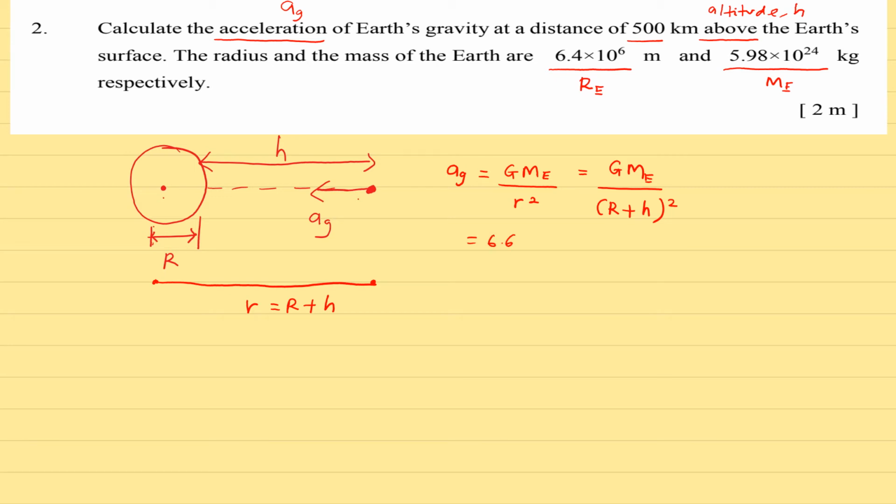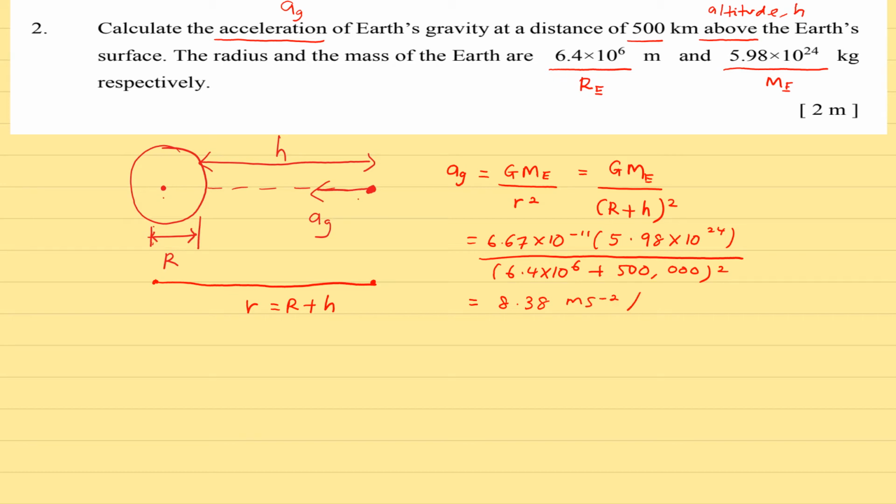So 6.67 times 10 to the power of negative 11 times 5.98 times 10 to the power of 24 kilogram divided by 6.4 times 10 to the power of 6, plus 500 kilometer, measured in meter, and don't forget squared. So the answer is 8.38 m/s squared or Newton per kilogram.